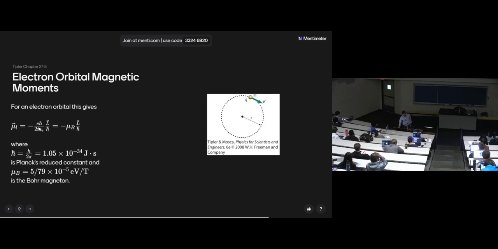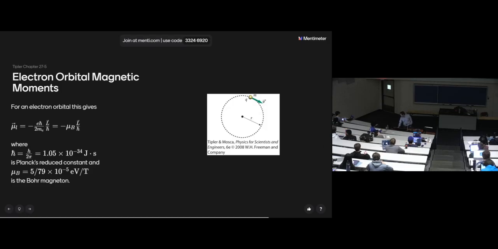We call e h bar over 2 times the mass of the electron the Bohr magneton. And the Bohr magneton is about 5.79 times 10 to the minus 5 eV per Tesla. The Bohr magneton.